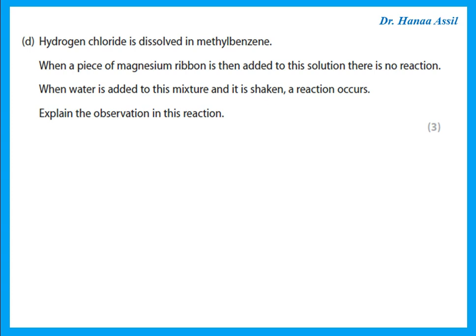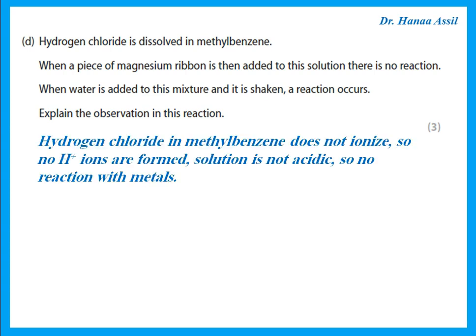Now, why is that? Remember that we said hydrogen chloride is unique. When we dissolve it in anything else other than water, so something like methylbenzene, it does not ionize, it does not form hydrochloric acid. So there are no H plus ions, and remember, metals react with acid.